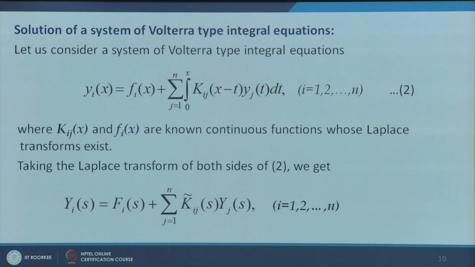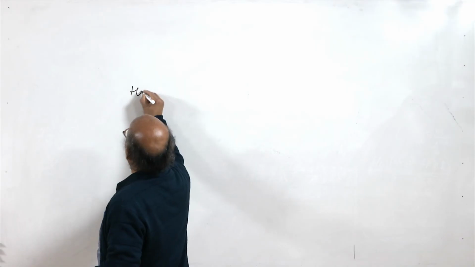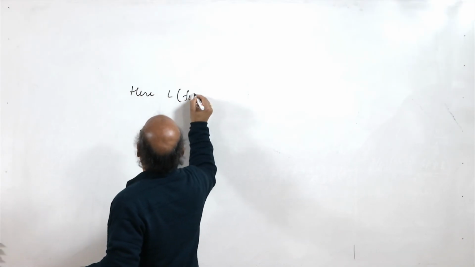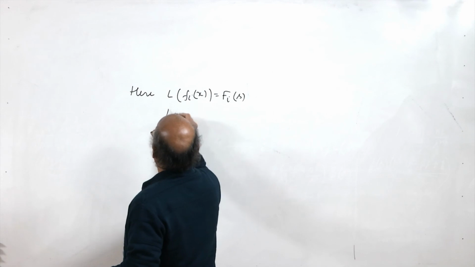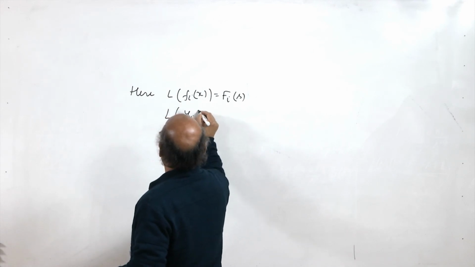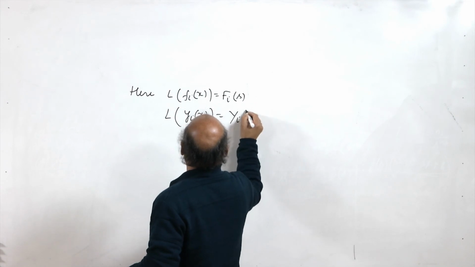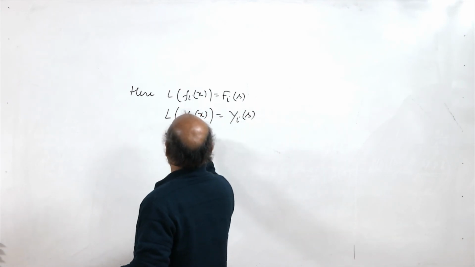This is the convolution of k_ij(x) and phi_j(x), so it is the product of the Laplace transforms of k_ij(x) and phi_j(x). The Laplace transform of k_ij(x) we denote by k_ij tilde(s), and the Laplace transform of phi_j(x) by phi_j(s).